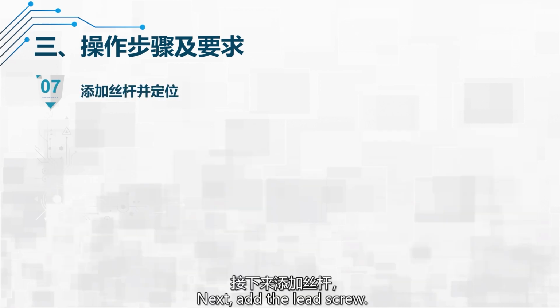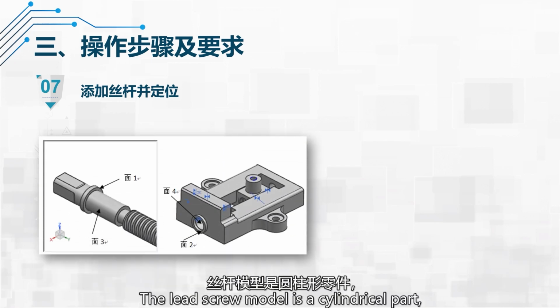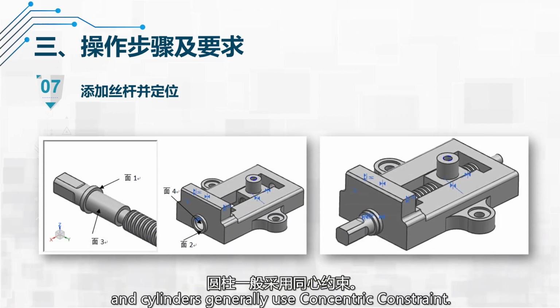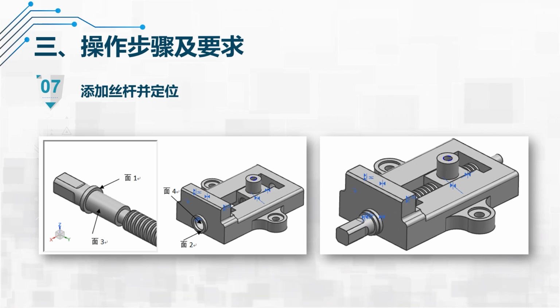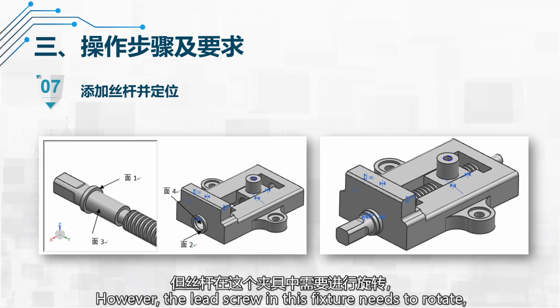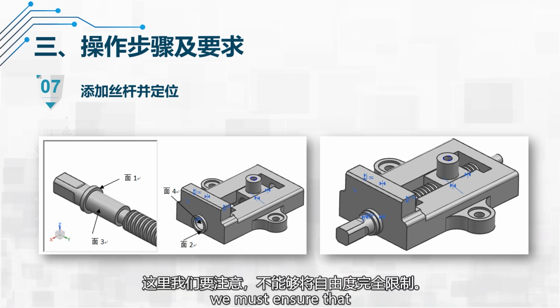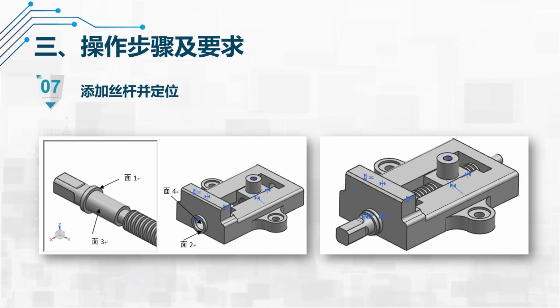Next, add the lead screw. The lead screw model is a cylindrical part, and cylinders generally use concentric constraint. However, the lead screw in this fixture needs to rotate. So when constraining, we must ensure that the degrees of freedom are not completely restricted.